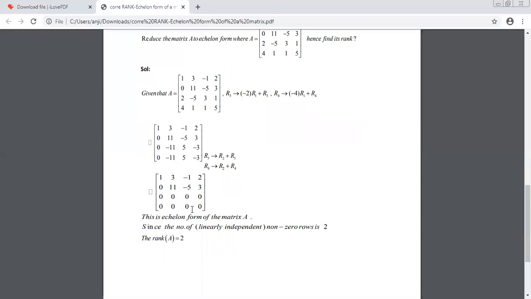Because zero rows are below non-zero rows, and for non-zero rows, how many zeros are there before 1? No zeros, 0. In the next row, the first non-zero element is 11. Before 11, one zero is there. What is the relation? 0 less than 1.